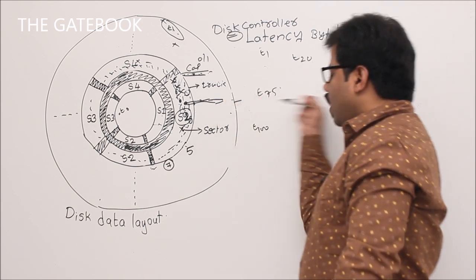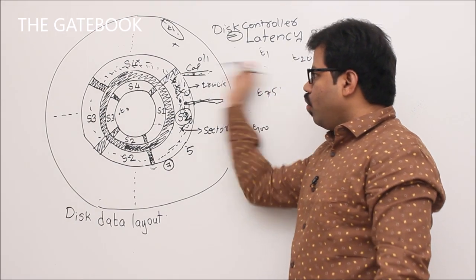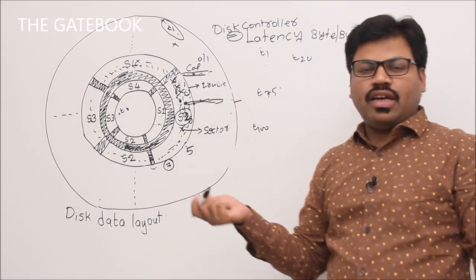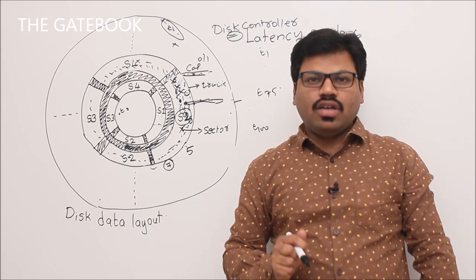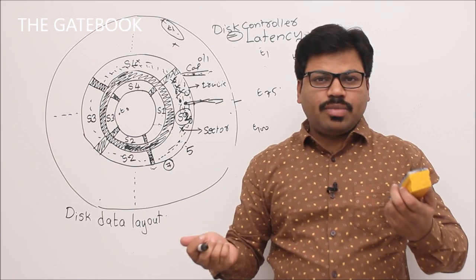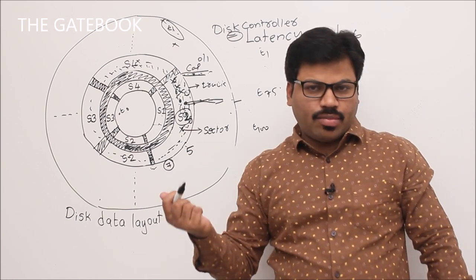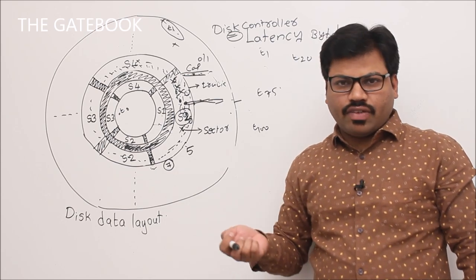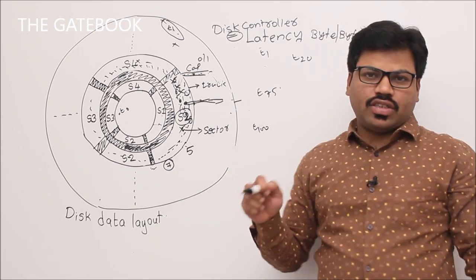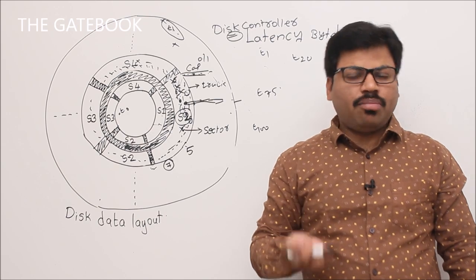Then unnecessarily your IO head, that means read-write head, will be moved rigorously, and that takes a lot of time. We will see one numerical example that shows the difference between storing the data randomly and storing the data continuously. You will realize definitely that storing the data continuously has an impact on performance.